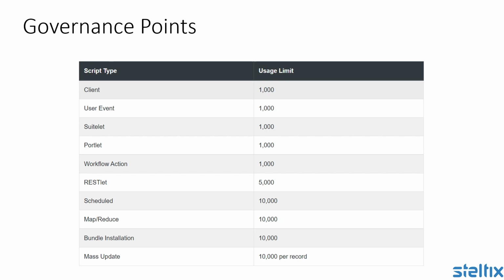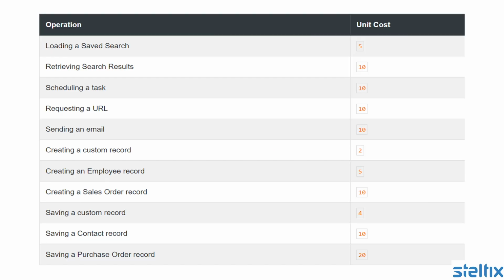So to go into a bit more detail about governance points, we've got different events or different functions which we can fire in our scripts. So if we are going to load a saved search, for example, that will cost 5 points. If we are going to schedule a task which needs to be executed at a point in time, just scheduling it will cost us 10 points.